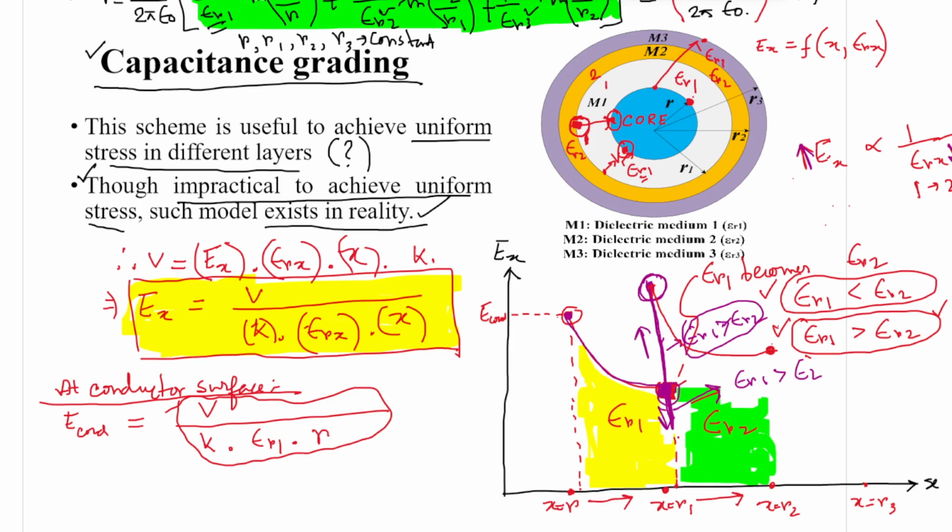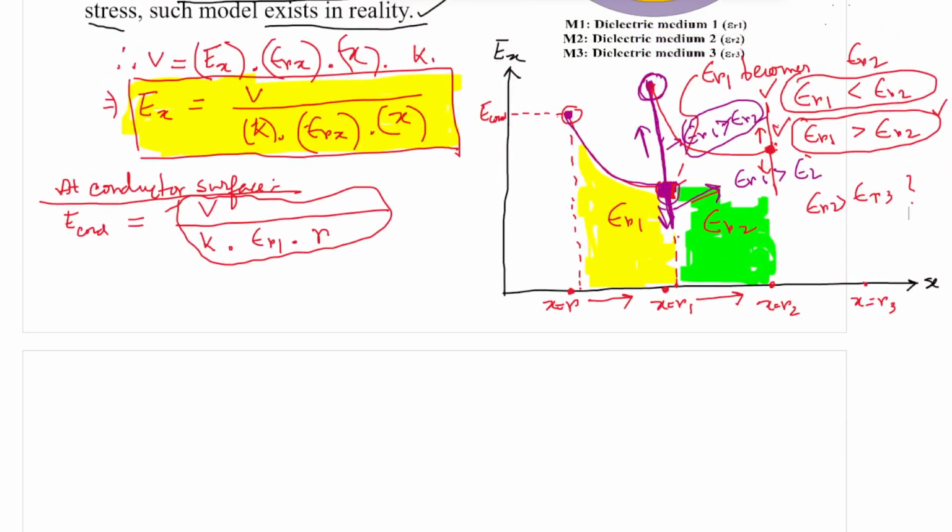Now after reaching this point, that means dielectric interface 2, again it will experience a jump either in this direction or in this direction, depending on the values of epsilon R2 and epsilon R3. What is their relation? Whether they are greater or smaller. In this way, roughly we shall get a sketch like this.